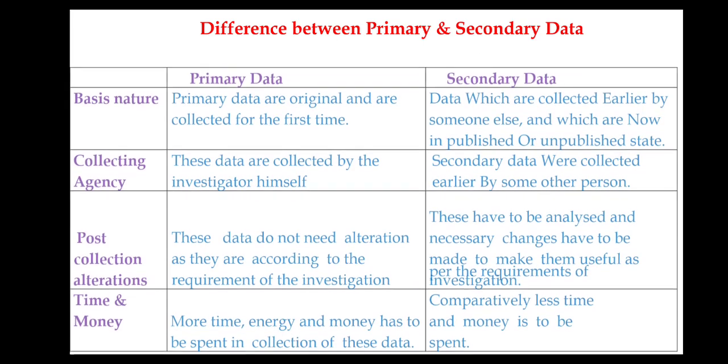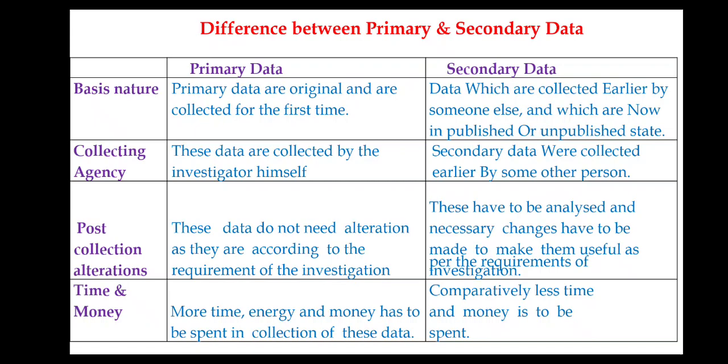Difference between primary and secondary data. These are the differences. Basic nature: primary data are original and are collected for the first time. Secondary data are collected earlier by someone else and are now in a published or unpublished state. Second, collecting agency: primary data are collected by the investigator himself.